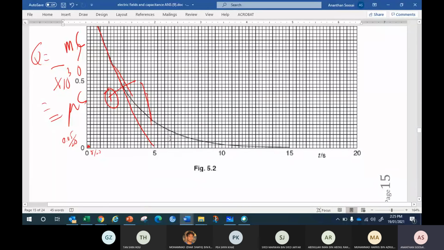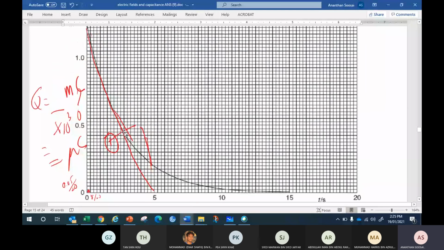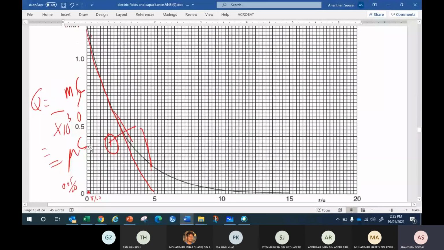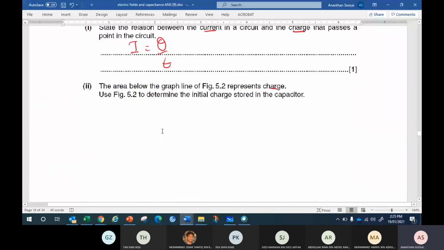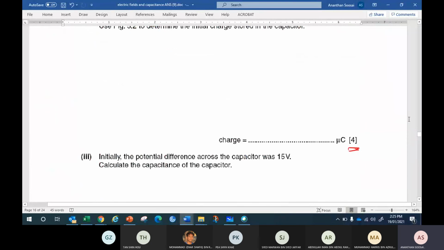We add these two areas, the total is in millicoulomb, and times 10 to the power of 3 gives microcoulomb. We're just talking about the idea. Any questions? That's the idea for this question, 4 marks, quite a lot.